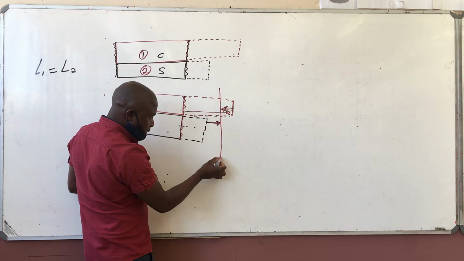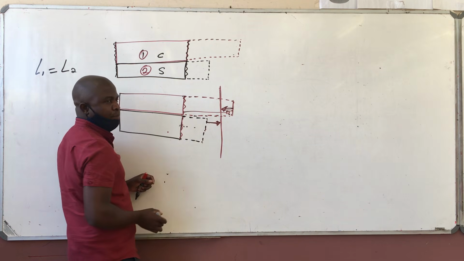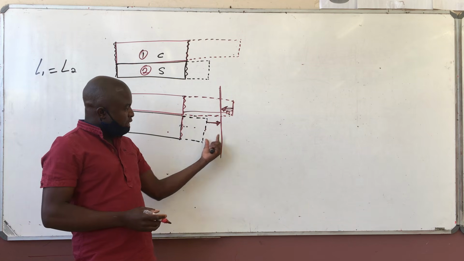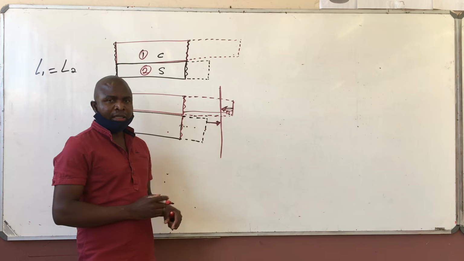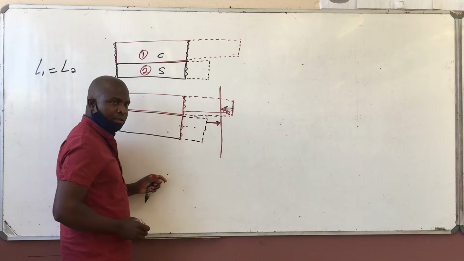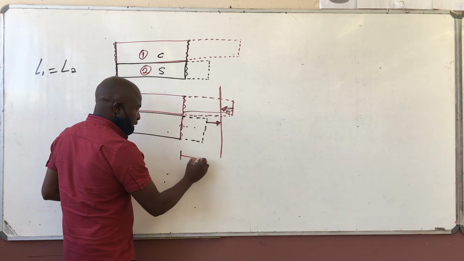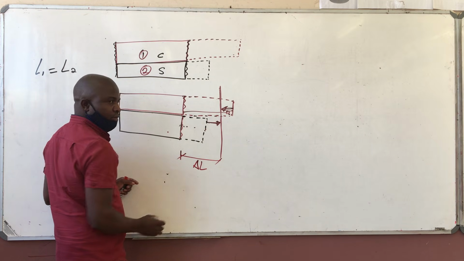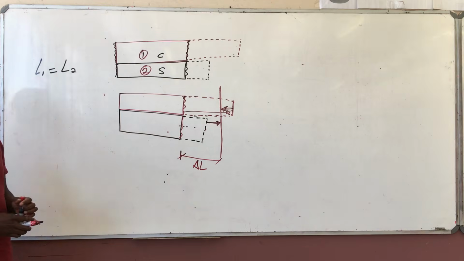Therefore, they will end up being somewhere there. It might not be halfway, but somewhere there. This is the final change in length due to temperature for both of them.